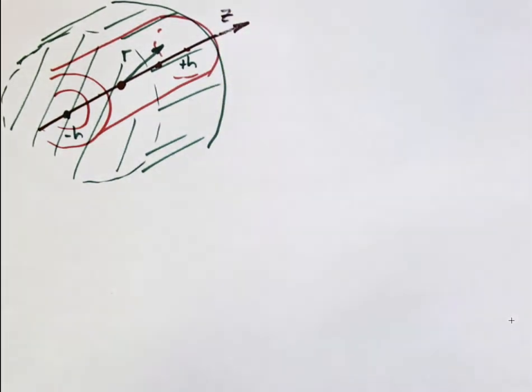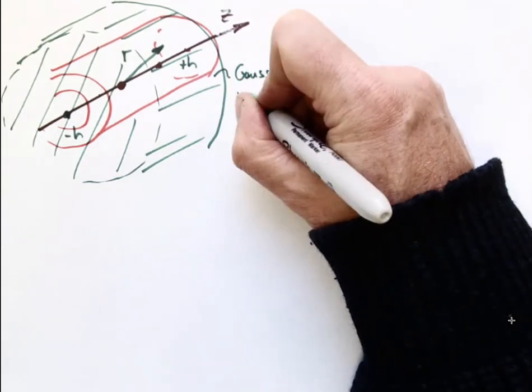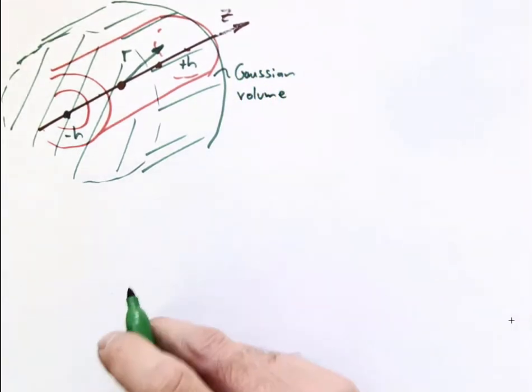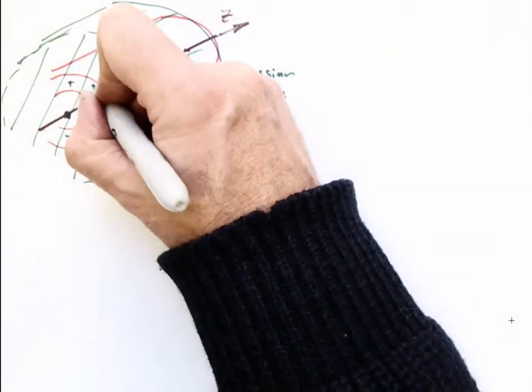So that defines our Gaussian volume and its surface, which is such that it's outside the charged shell.